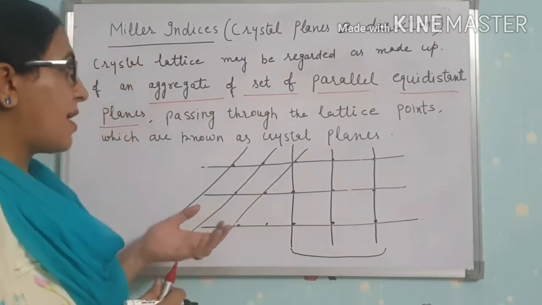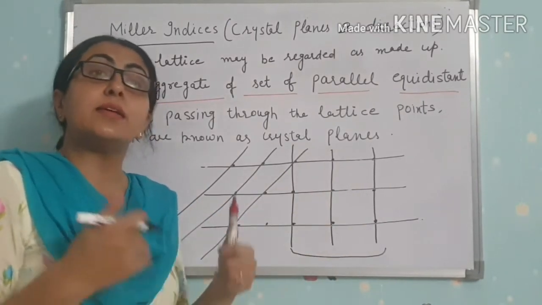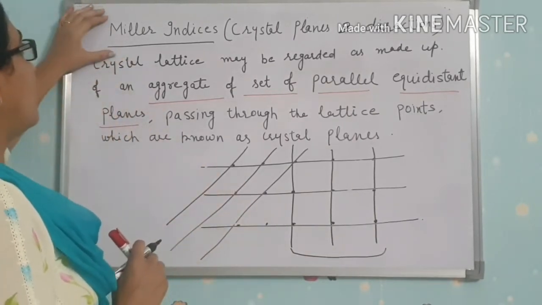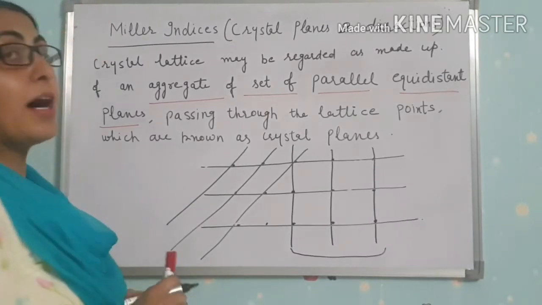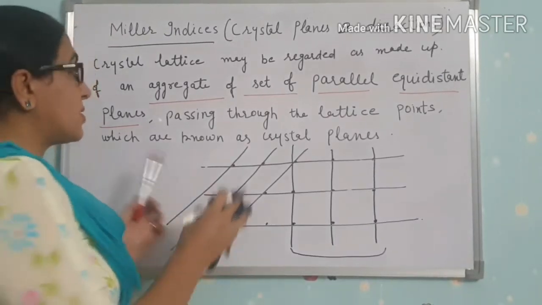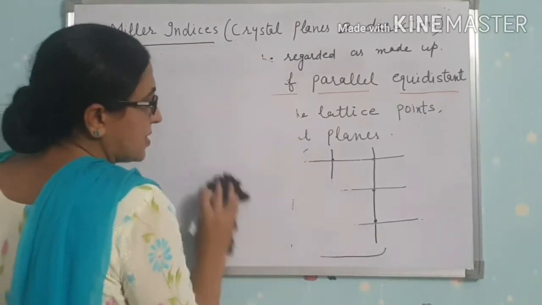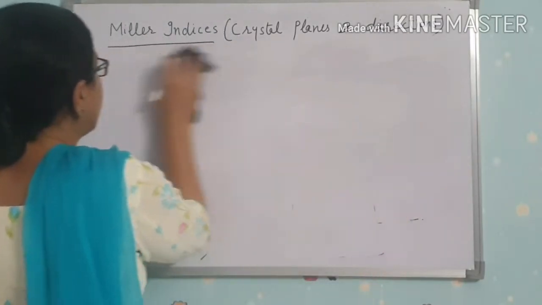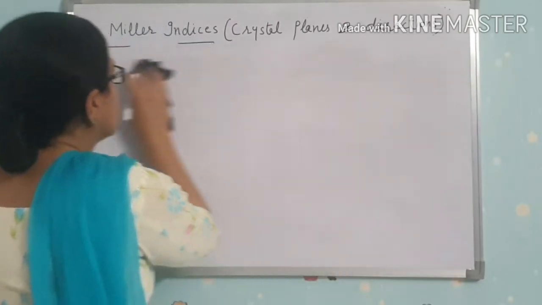Now the point is how to designate these planes. For this, Miller, who is a British crystallographer, devised Miller indices, a three-number system, which designates these sets of parallel planes.